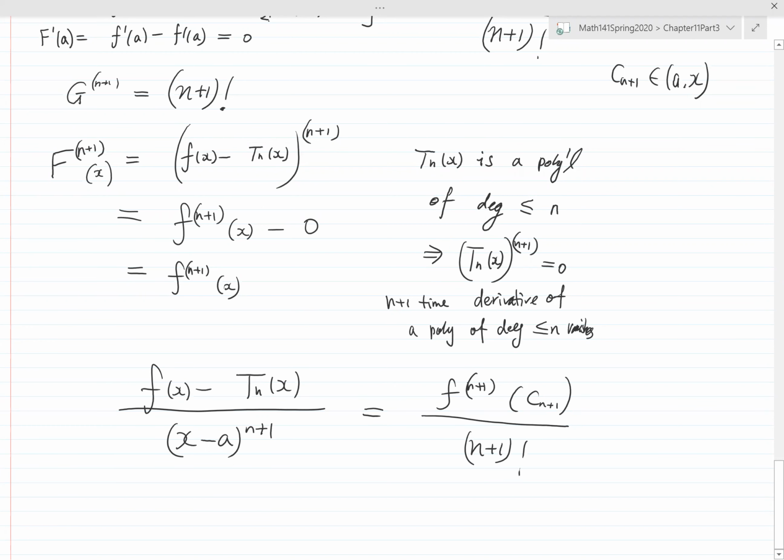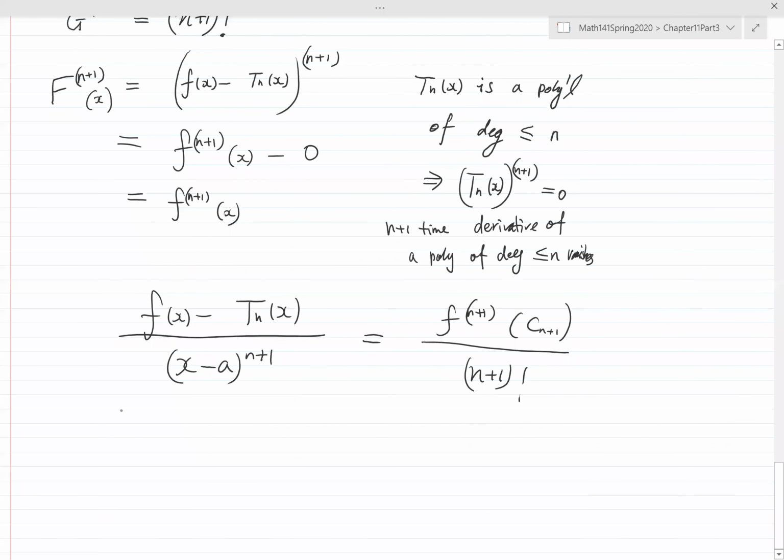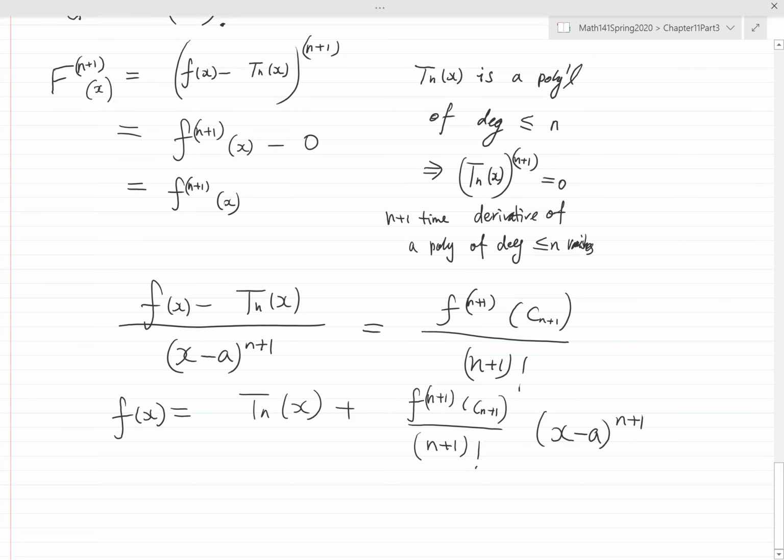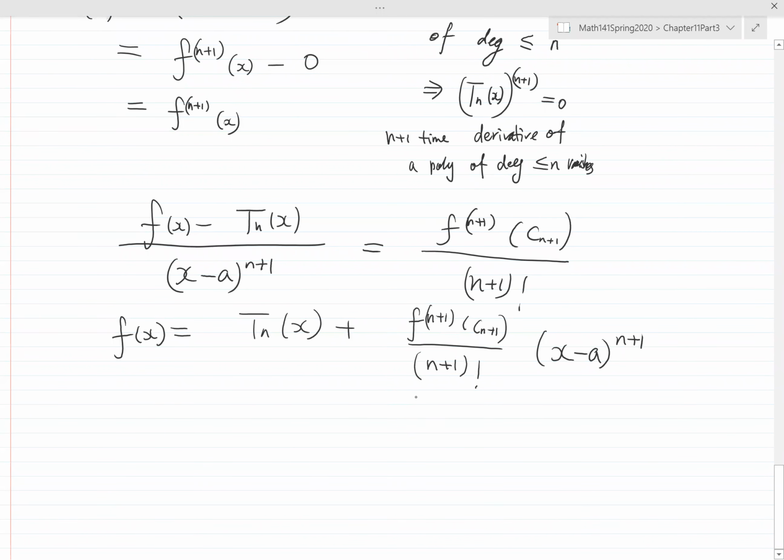So if you move terms around, what you get is f x equals Tn x, the Taylor polynomial, plus the error term, f's n plus 1 derivative at some number c n plus 1 over n plus 1 factorial, multiplied by x minus a to the power n plus 1. This thing is called the error term, Rn x.